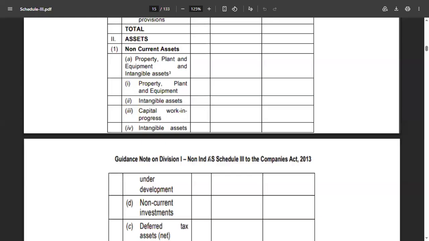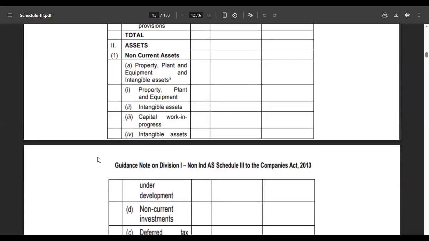So when we talk about intangible assets, the value and other propositions are equally managed.